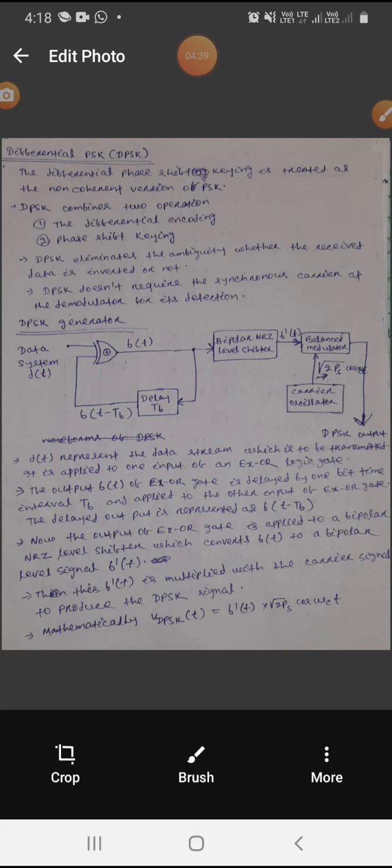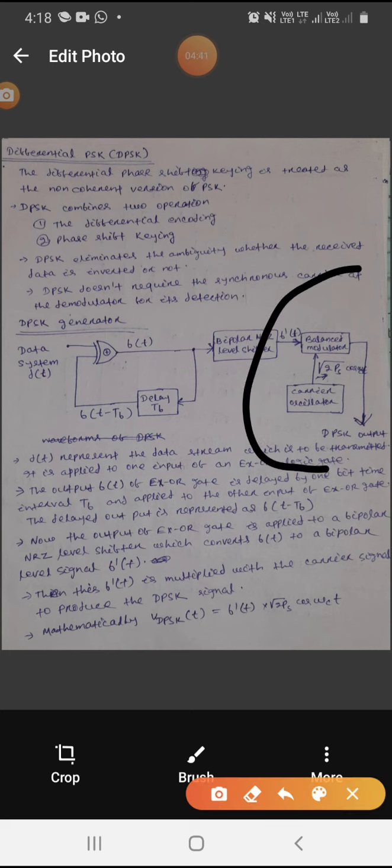Now see the diagram here. One input is B'(t), which is from the bipolar NRZ level shifter, and the other input is generated by the carrier oscillator, and the value is root over 2Ps cos omega_c t.